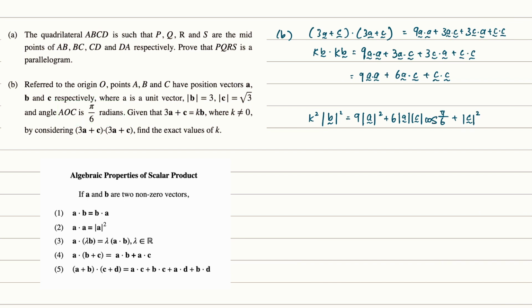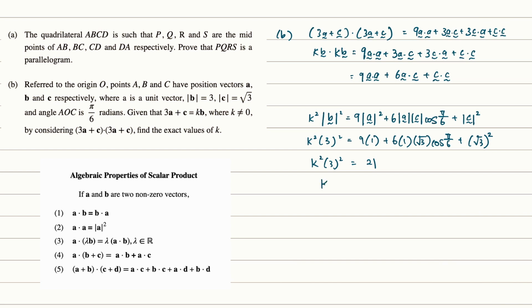Now, in the next step, we can then substitute the values that are given in the question into our expression. k squared b squared is equal to 9 multiplied by 1 plus 6 multiplied by 1, because the modulus of a, which is a unit vector, is 1, and the modulus of c is square root 3, cosine pi over 6, plus root 3 squared. Now simplifying, we will have k squared multiplied by 3 squared is equal to 21.